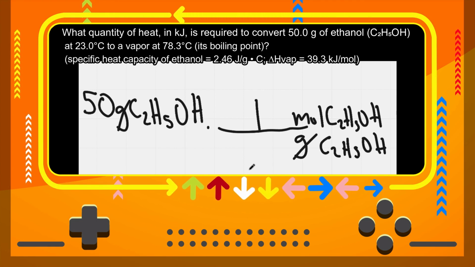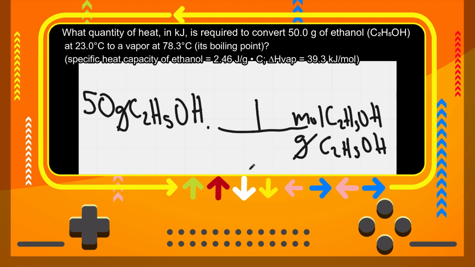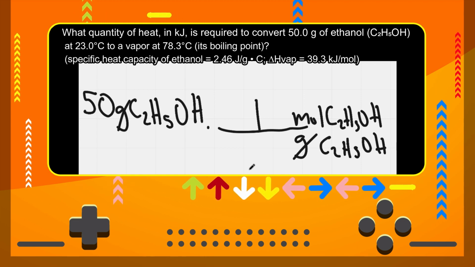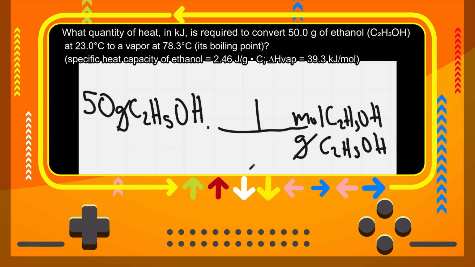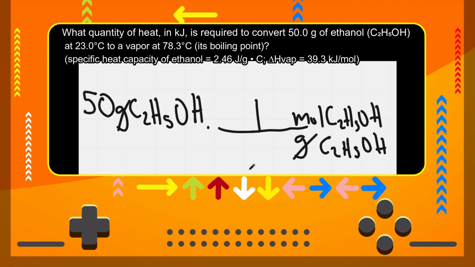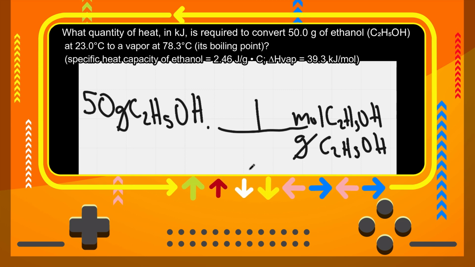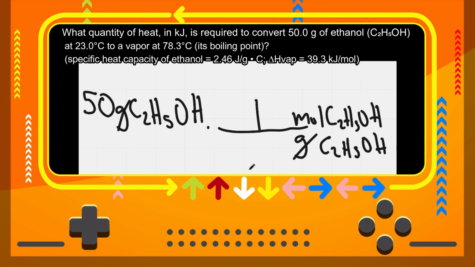Now, when we talk about molar mass, how many grams are in this 1 mole? Quick reminder, how do we even find the molar mass, Dr. J? How do you find the molar mass? Look towards the periodic table. We add the mass of our carbons. Carbon is 12, so I got 2 carbons times 12. Hydrogen is 1, so that's our 5 hydrogens here, C2H5.